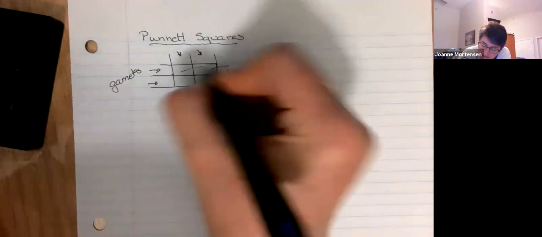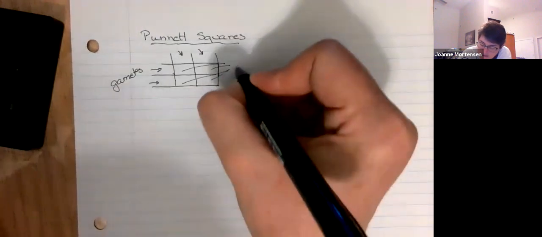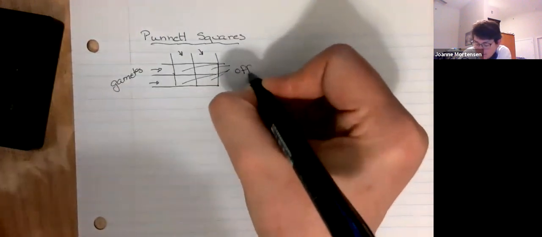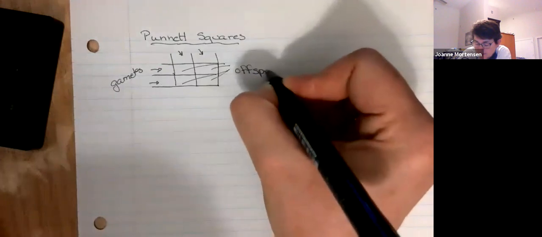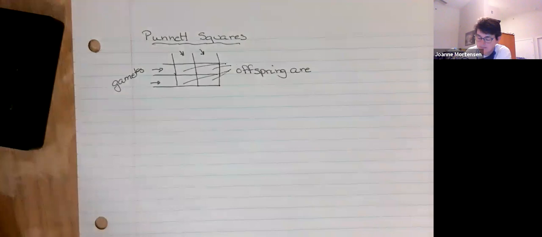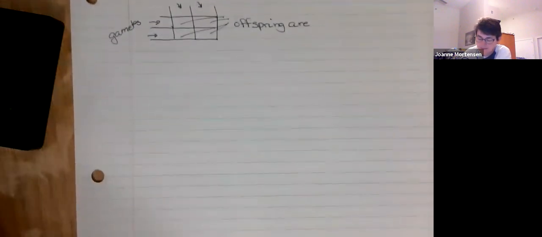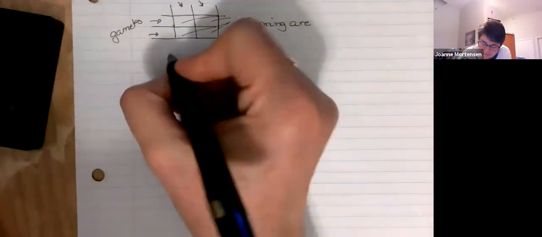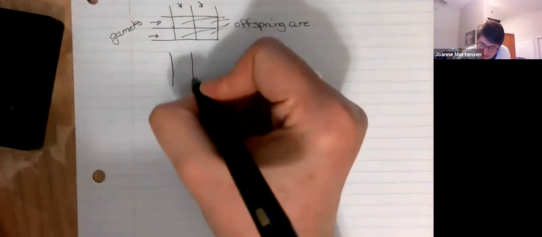And on the inside is where the offspring are. I want to do just some crosses first, and then we'll do a word problem where it makes sense.